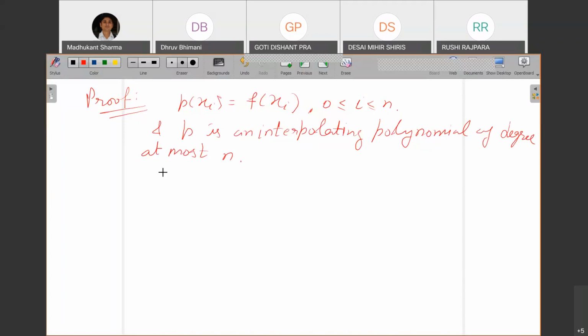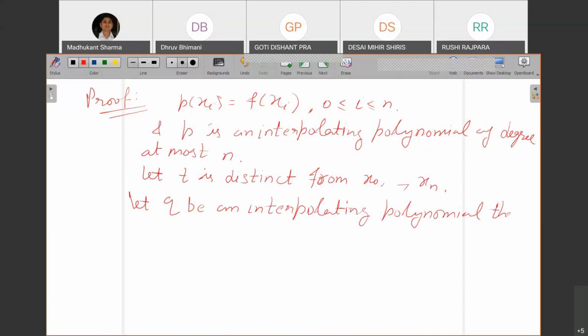Now let t be distinct from x0 to xn. Then let q be an interpolating polynomial that interpolates f at x0, x1, and so on to xn, and t.